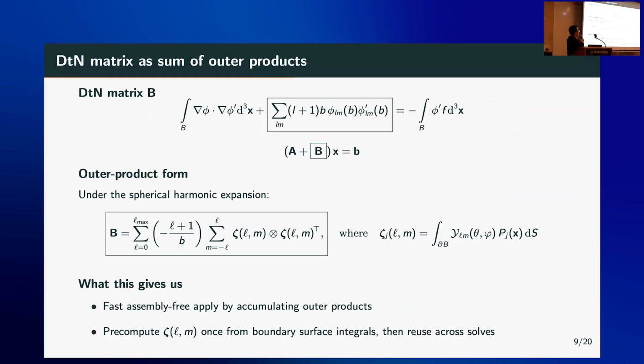This indicates symmetry, and if we pre-compute all these vectors and store them, we don't have to actually assemble the matrix B. Then for each simulation, we can just compute this zeta vector once, and it can be reused across solves.